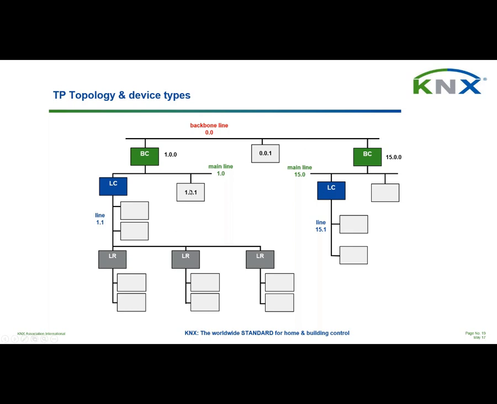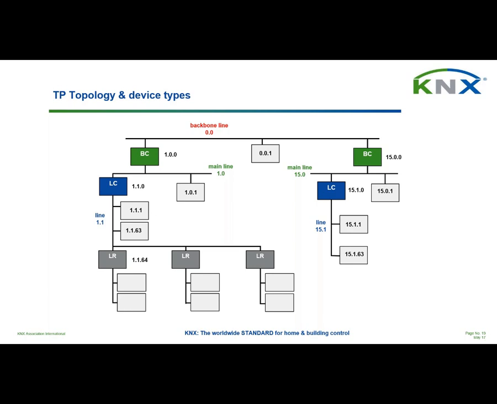The device here in the main line could have this address as an example, and the line coupler shall have this address. On the other side we see something similar. This could be an end device, and this has to be the address of the line coupler. Then this goes on, so line 1.1 means this could be an individual address of a device in that line, like this, on the other side as well, and so on.